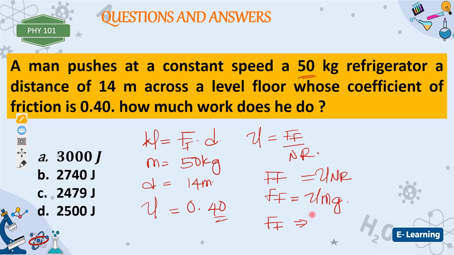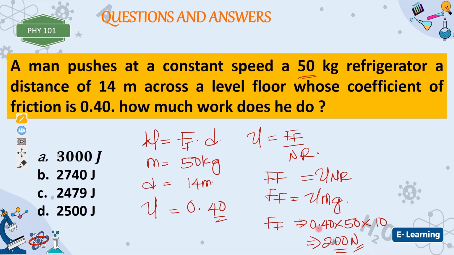Now, at the end of the day, frictional force would be equal to umg. You have coefficient of friction as 0.4, m is 50, g is 10. So when you do this in your calculator, 0.4 times 50 times 10 gives us 200 Newton.